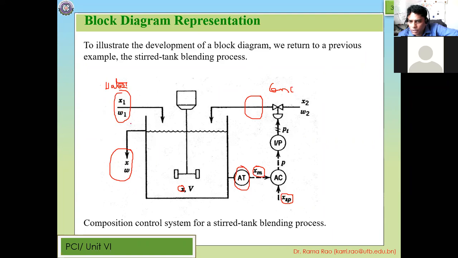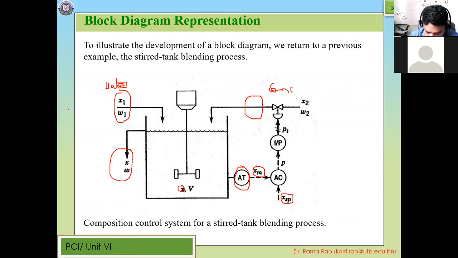Because we are talking about components, it is better we write a component mass balance, since we have X1 and X2 compositions. So the component mass balance is X1 W1 for stream 1 plus X2 W2 for stream 2.